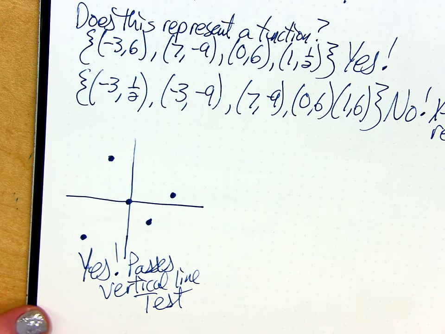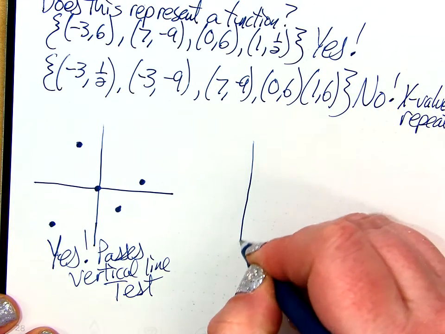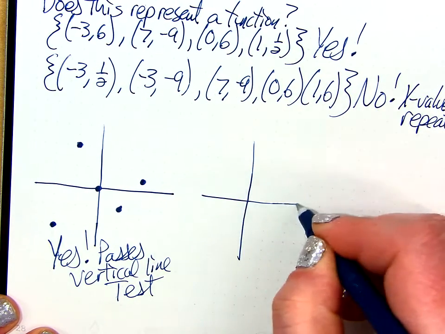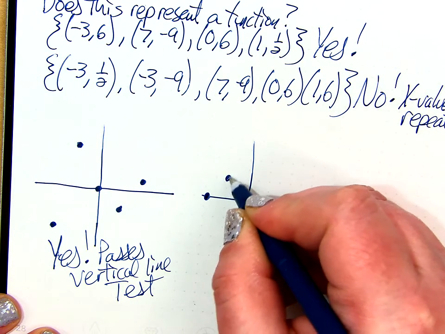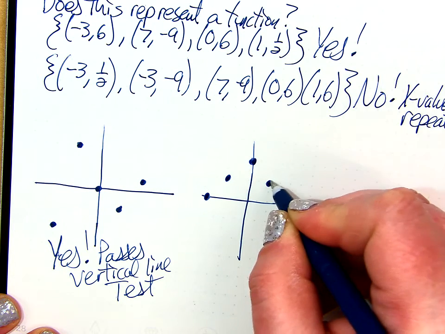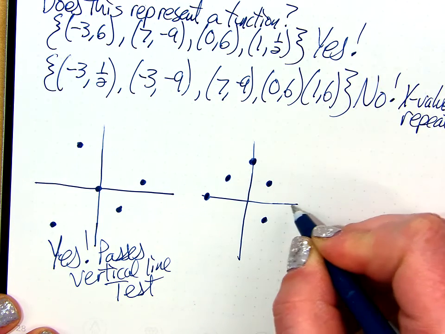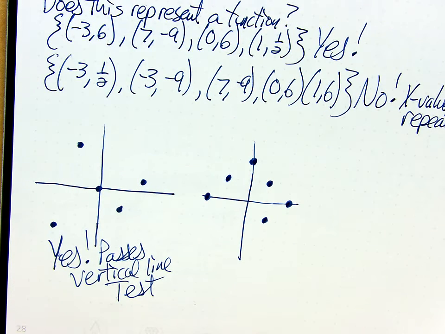So let's try one more and see what you think about this one. What if I did here, here, here, here, here, and here? Is this one going to pass or fail?